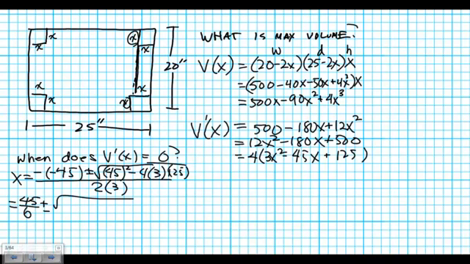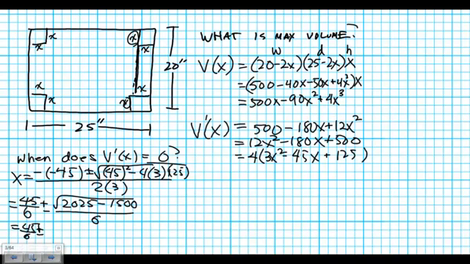Let's do it. 45 squared is 2025. What's 12 times 125? 1500. And this is all over 6. It comes out to the square root of 525.